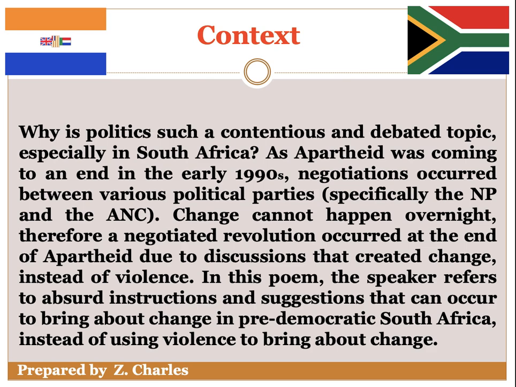As we know, change cannot happen overnight. Therefore, a negotiated revolution occurred at the end of apartheid due to the discussions that created change instead of violence. And in this poem, the speaker refers to absurd instructions and suggestions that can occur to bring about change in pre-democratic South Africa, instead of using violence.